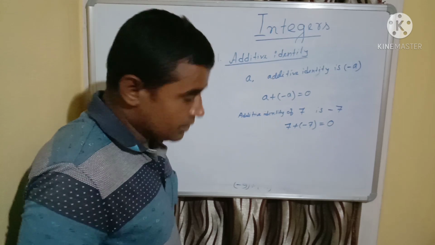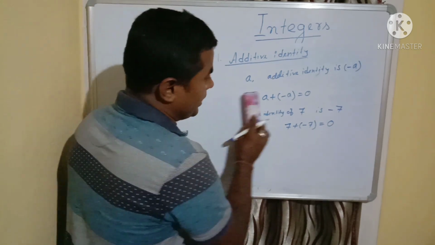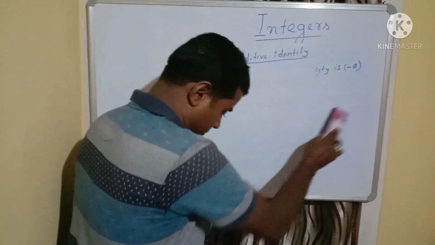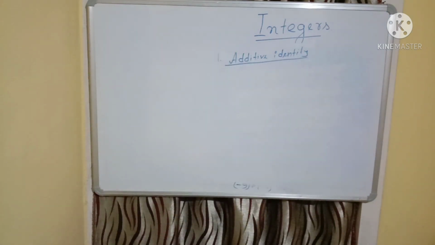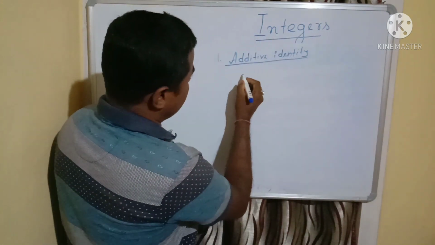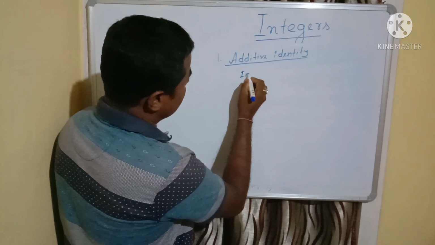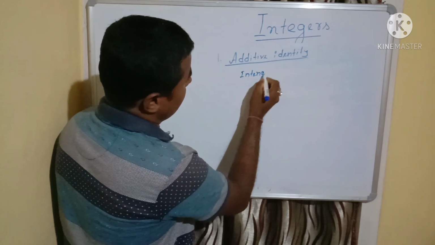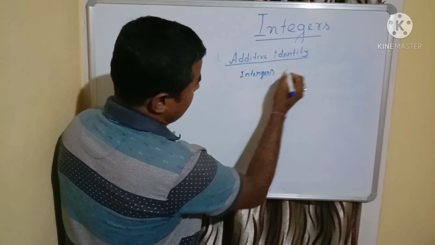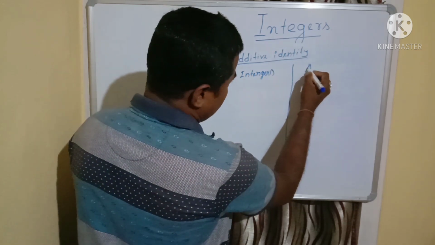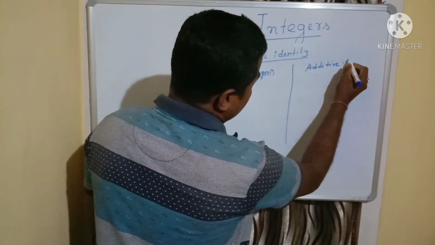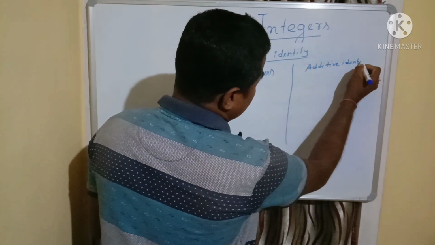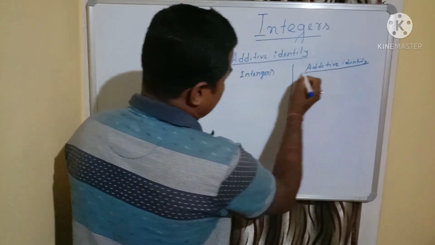So I make a sort of chart of additive identity of some integers. I write here integers, and here it is additive identity. Okay.